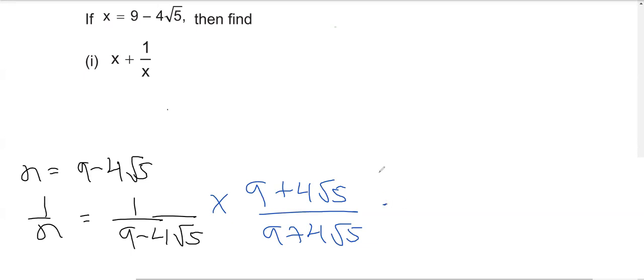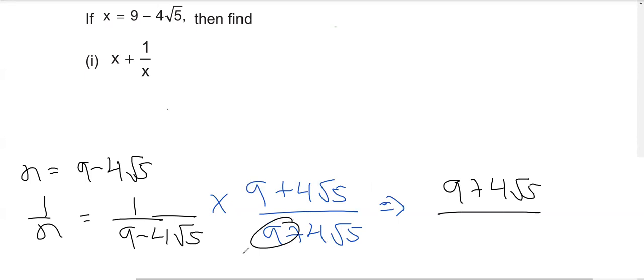Now, with further simplification, what do we get here? In the numerator, 1 multiplied by this number is the number itself, so we'll get 9 plus 4 root 5. The denominator is a minus b into a plus b, which gives a square minus b square. So it should be 9 square minus 4 root 5 square.